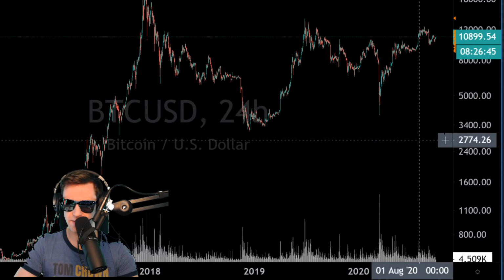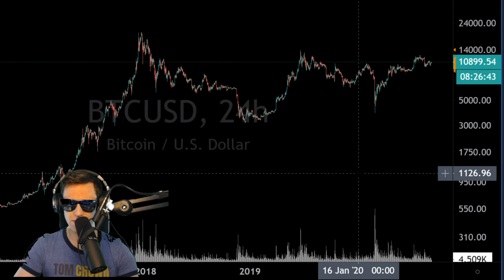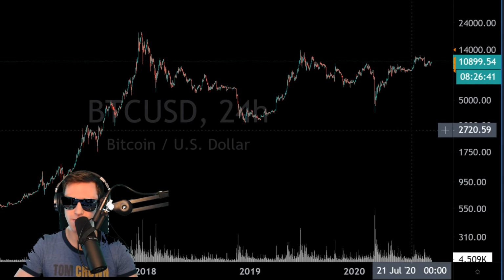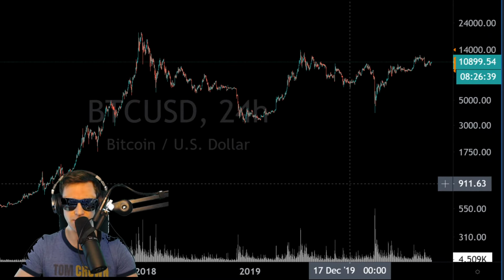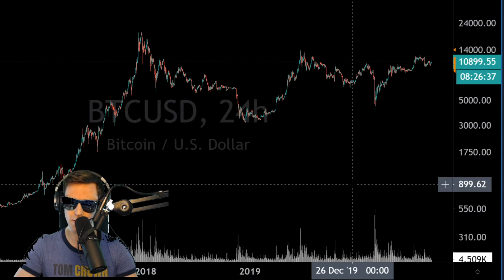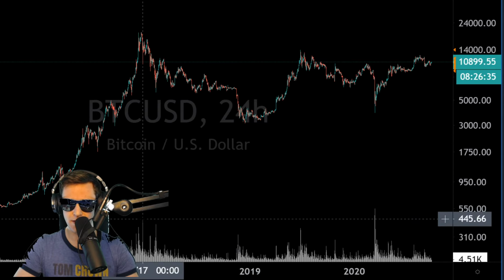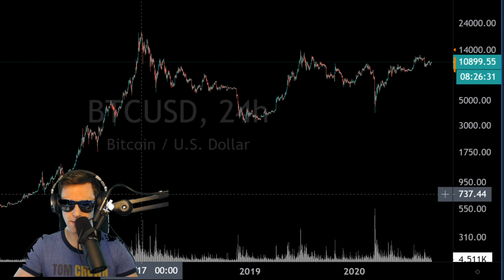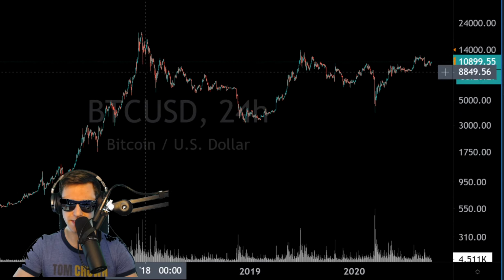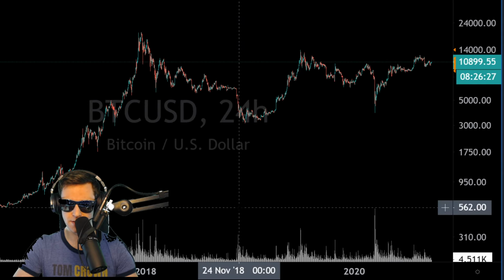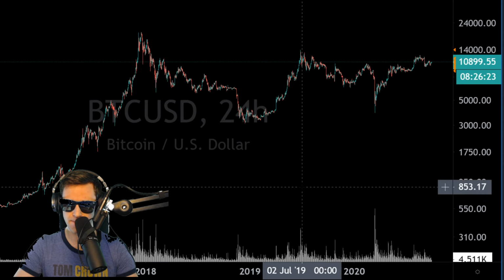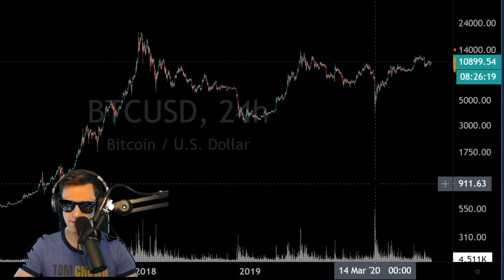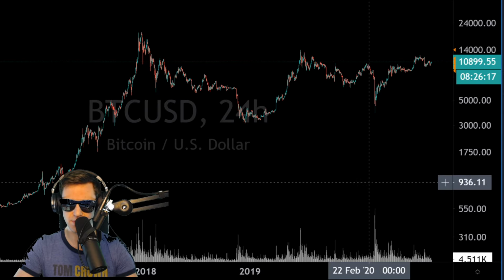But if we zoom out here, we see that maybe that definition isn't totally correct, or at least maybe isn't totally correct for Bitcoin. If we look at the highest volume periods, back here on December 20th, 2017, kind of November 24th, 2018, 26th of June 2019, and March 15th 2020.